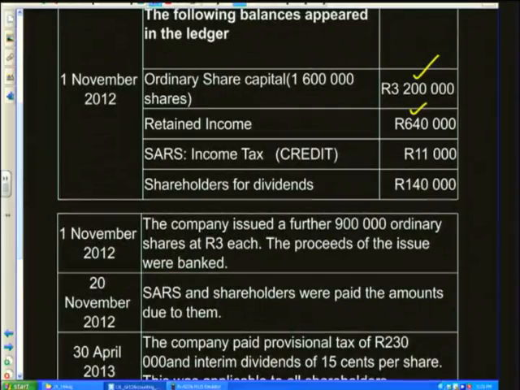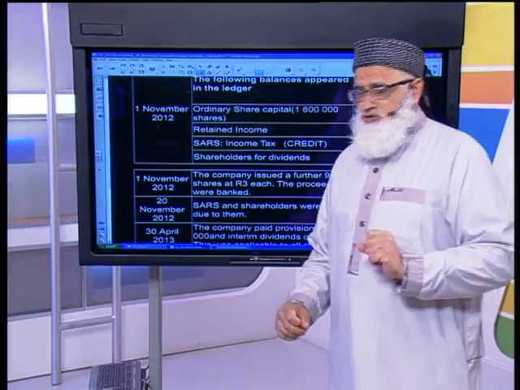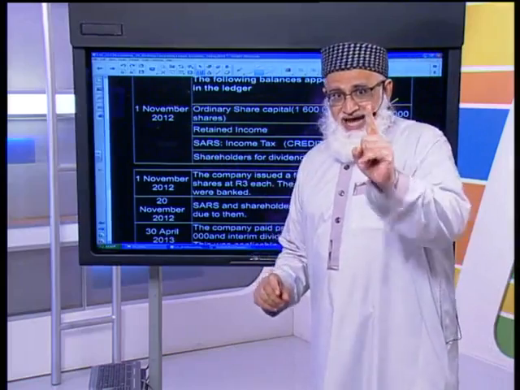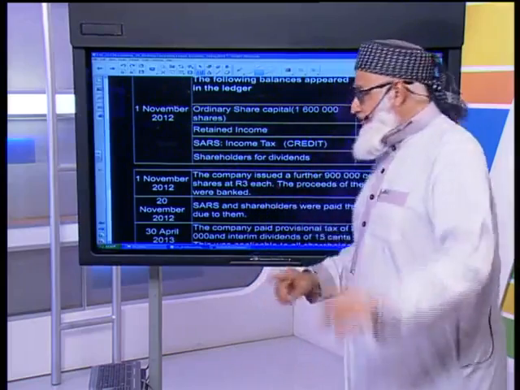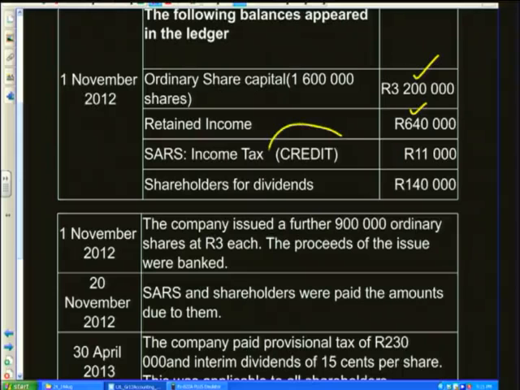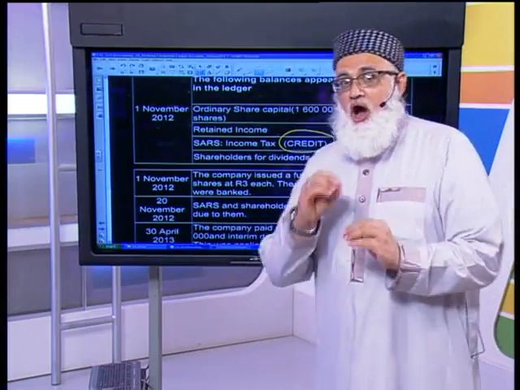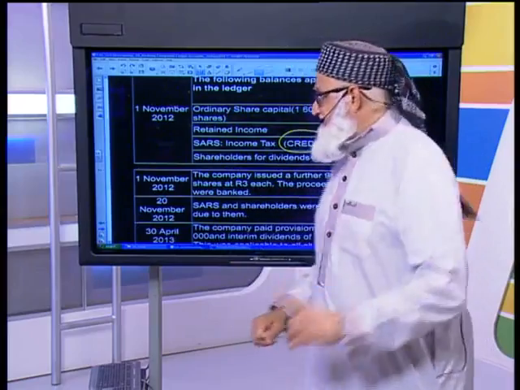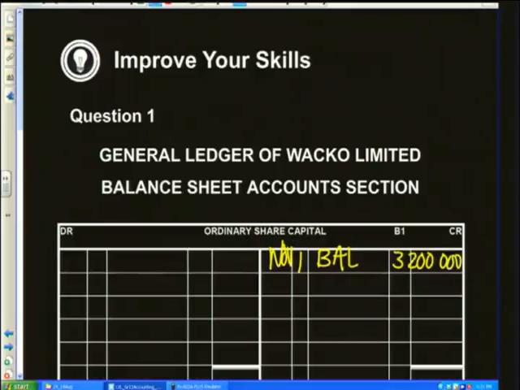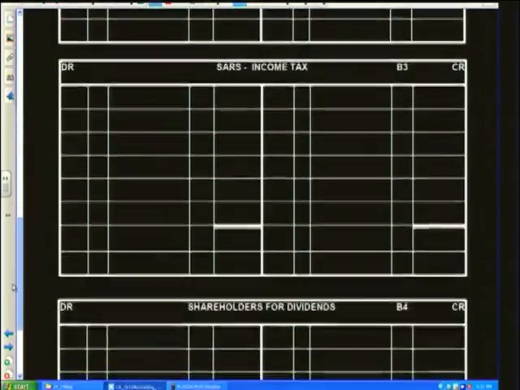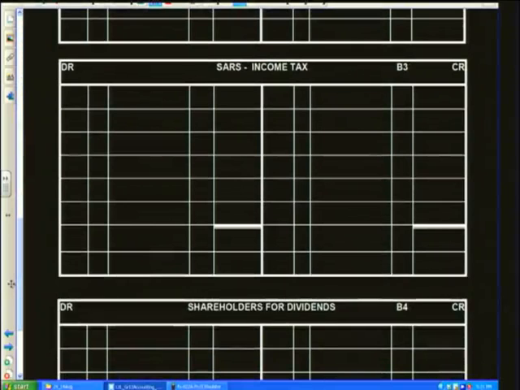Now notice something. What did I say? What type of an account is SARS income tax? The answer is, it depends. But now you are told it has a credit balance, indicating to you that this account is now a liability. We are owing SARS money, and therefore, when we indicate our balance, there's my SARS income tax. Because it's a liability at the beginning of the year, there's my date, my opening balance, right?